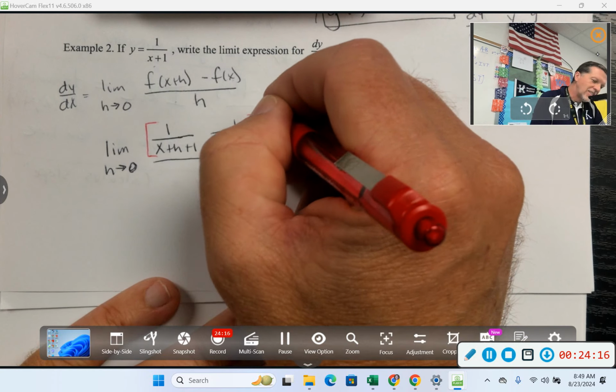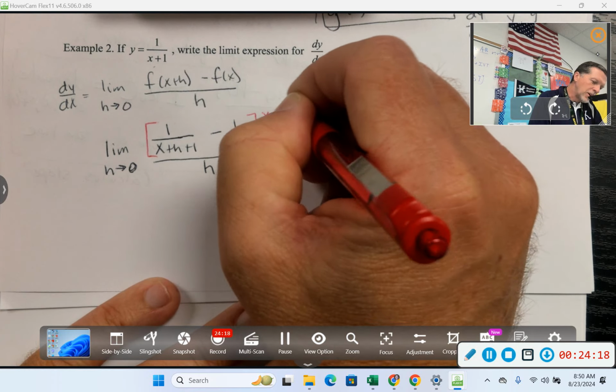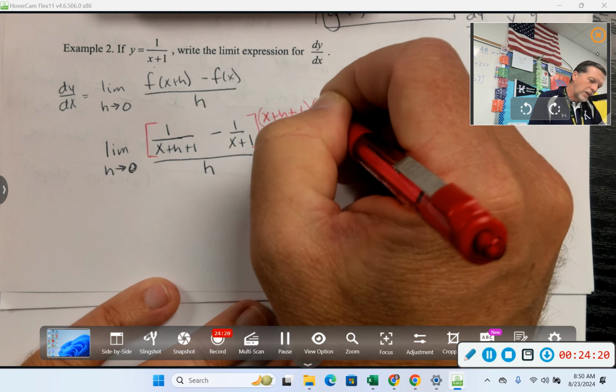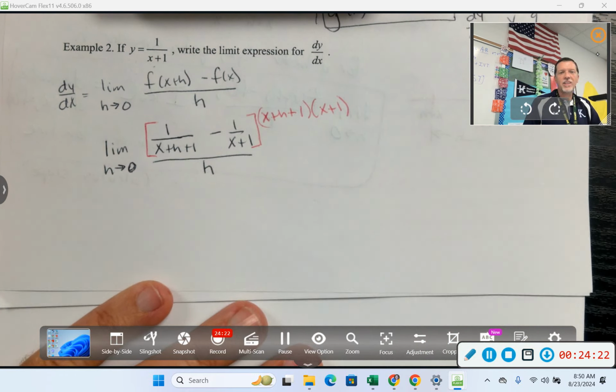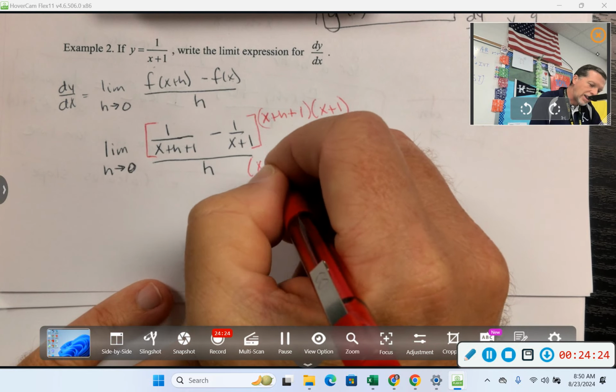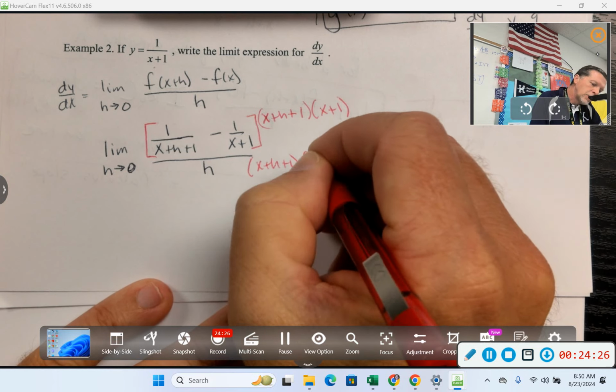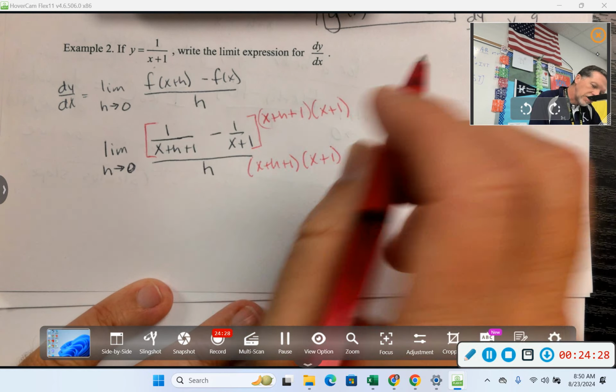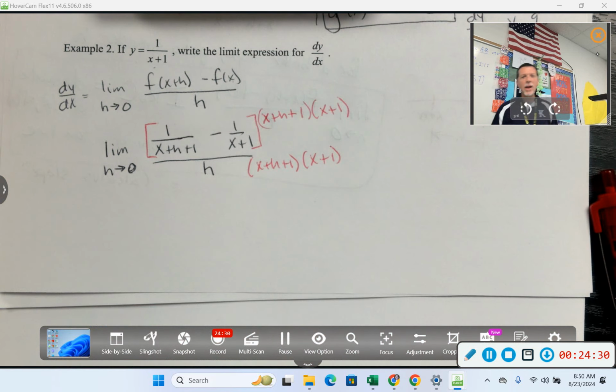It's going to look terrible, but so much stuff cancels that it's going to end up being okay. Initially, it definitely looks pretty bad. So I'm going to multiply top and bottom by both denominators. That way all my denominators will go away, and hopefully something will cancel and I'll be able to do this.